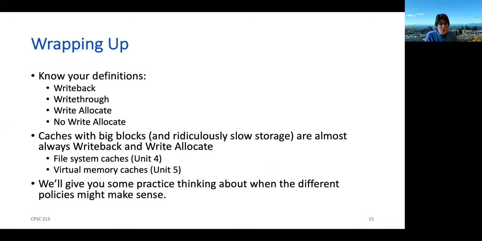So when we look at file systems in Unit 4, those are write back, write allocate caches. And even when we look at the virtual memory system in Unit 5, we also treat that like a write back, write allocate system. And so where we're going to go is we're going to give you some practice thinking about when these policies might make sense and when other policies might make sense.